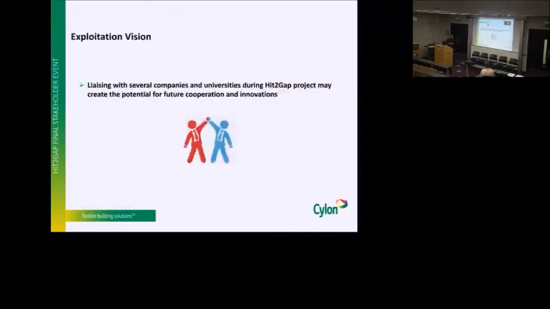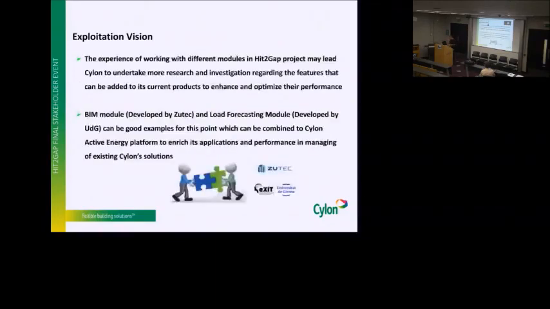The other thing that's really come out of this package is it's enabled us to liaise with several companies, universities, and I think that we're already now starting to investigate future cooperation. And where we go with that, we don't yet know, but I'm sure a lot of new ventures will come out of the next few months. We're talking certainly with companies at the moment.